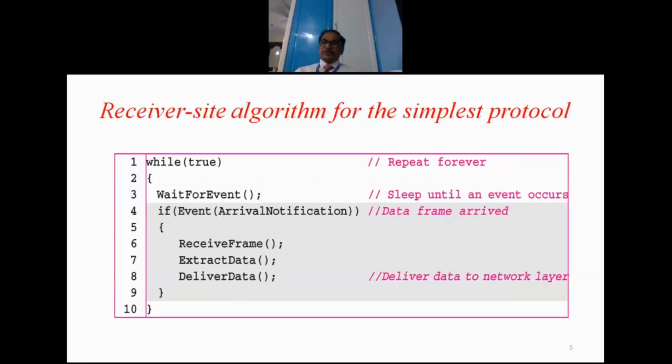So here the sender is not going to wait for any confirmation from the receiver. The sender keeps on sending as everything is fine. Ideal channel, everything is fine. As a result, without waiting for any confirmation from the receiver, the sender will keep on sending the frames one after the other at regular intervals. So with these three simple steps at both sender side and receiver side.